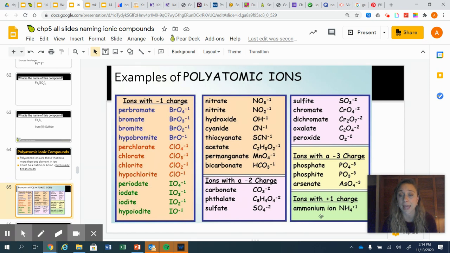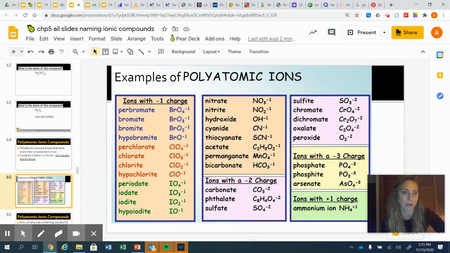One exception to the polyatomic ions being anions is ammonium. It's one of the few times, and for this class the only time, that you're going to possibly have a polyatomic cation. So be watchful of the NH4. It could come first. Remember, we always have cations first. If that's the situation, then you need to use the word ammonium in your ionic compound.